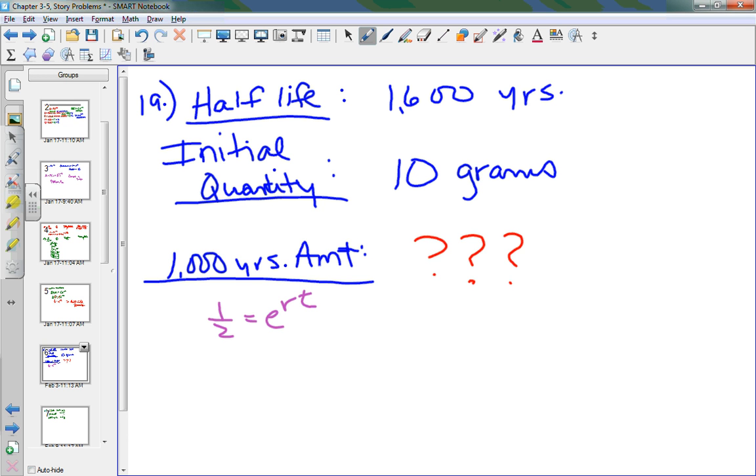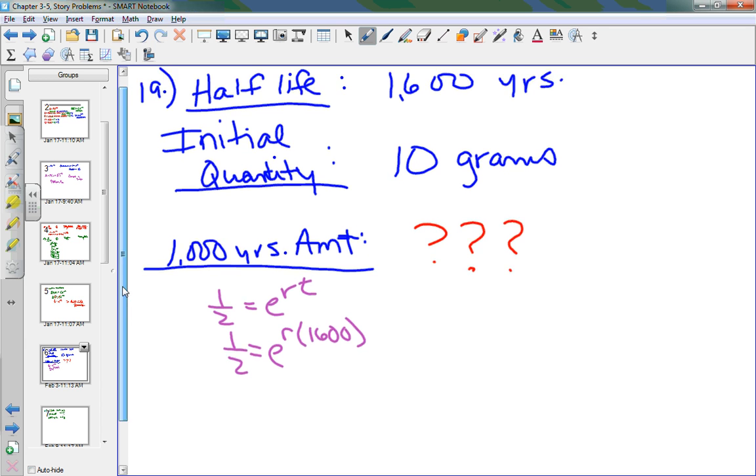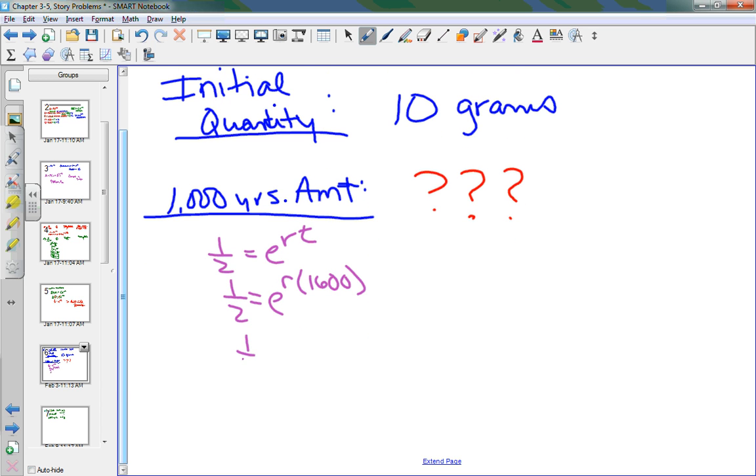In order for me to do this, I have to find the rate at which my lovely little radioactive material is decaying. So how many years did it take for it to decay that far? 1,600. True statement? So the natural log of 1/2 is equal to 1,600r. Now what?